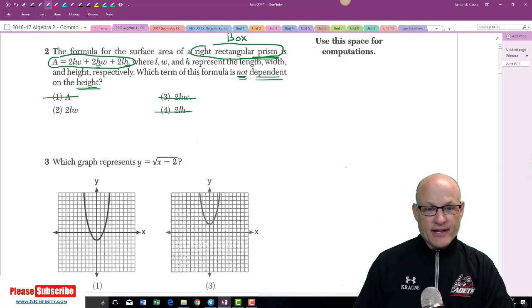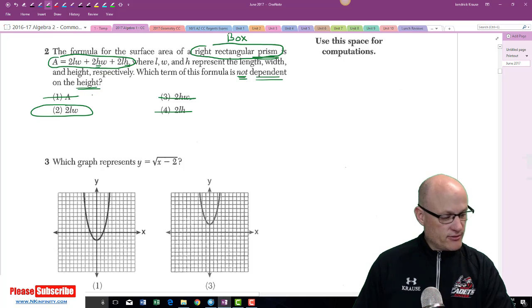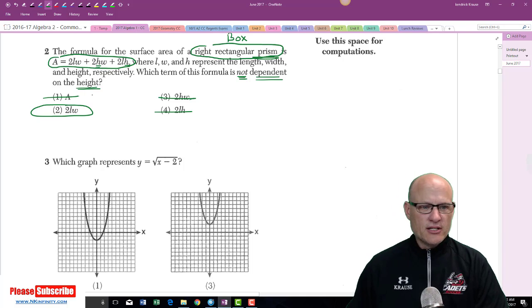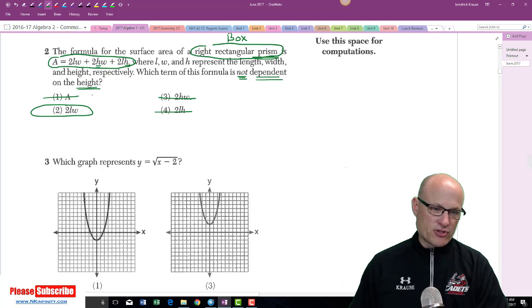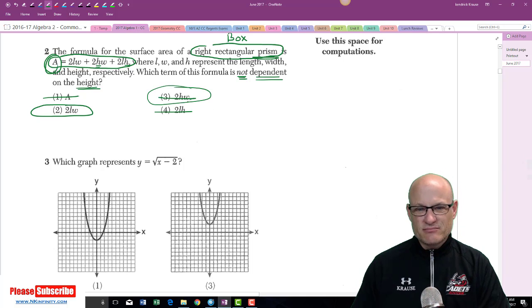That has height in it. I guess this would be it. I'm not really sure even what that question's asking. I would say that's the answer. Yes, that's definitely the answer. But I guess they're trying to let you know that area is in fact dependent on the height. These had the height in them.